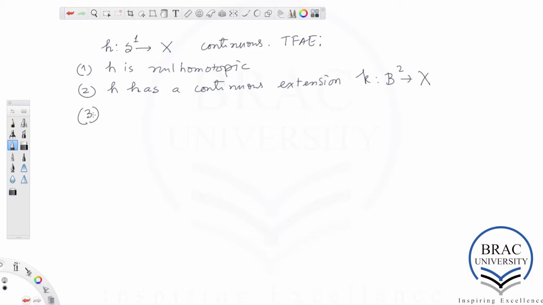And the third property related to H was that H star, the induced homomorphism corresponding to the continuous map H, is a trivial group homomorphism.